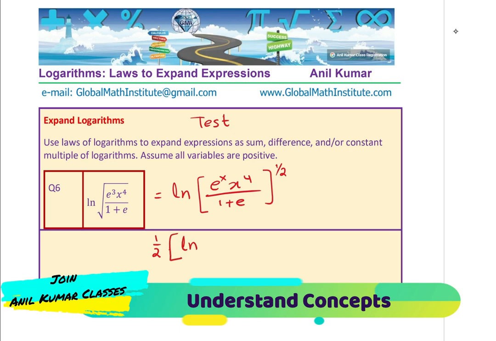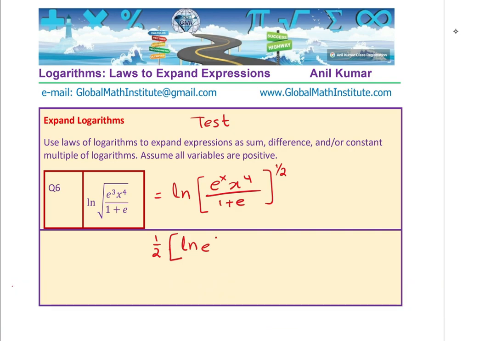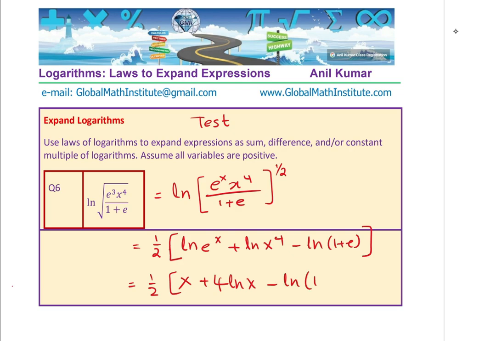And then ln what? e to the power of x, right, plus ln x to the power of 4 minus ln 1 plus e, right? Okay, and that gives you half. Ln e to the power of x is just x, right? And plus ln x to the power of 4 is 4 times ln x minus ln 1 plus e. And that becomes our solution.